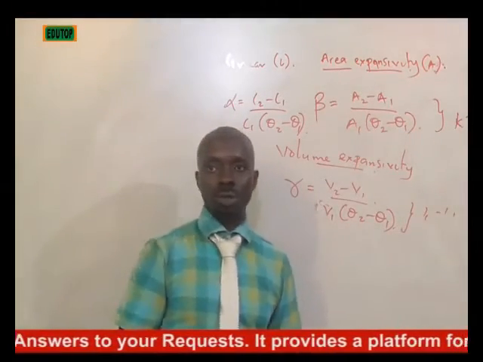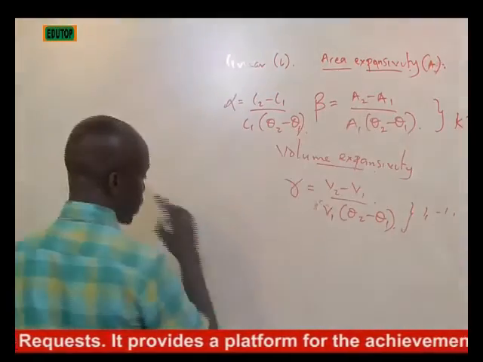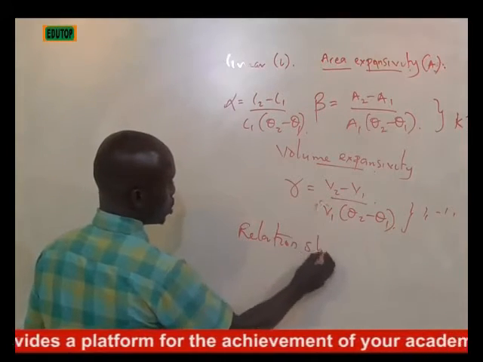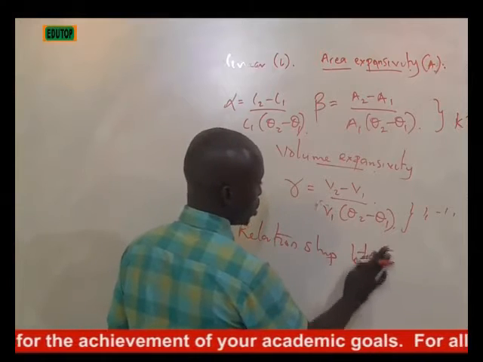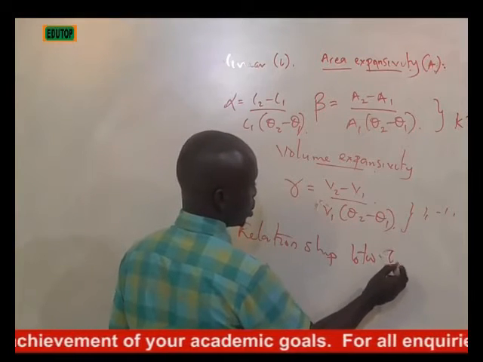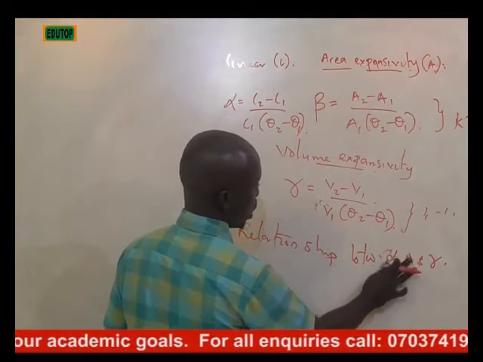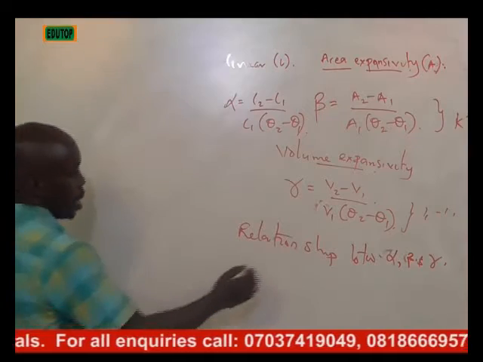Now let's go straight to the relationship between your linear, area, and volume expansivities: alpha, beta, and gamma. What do we mean?